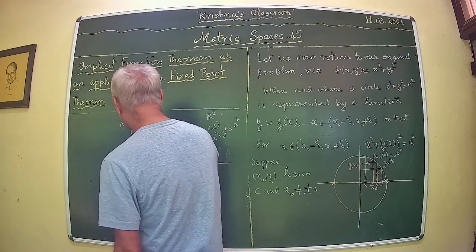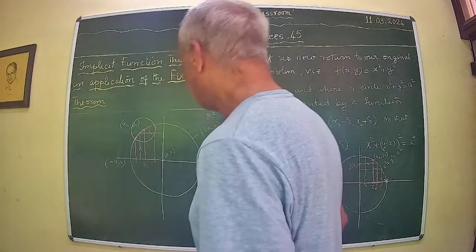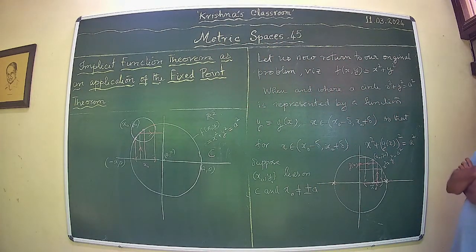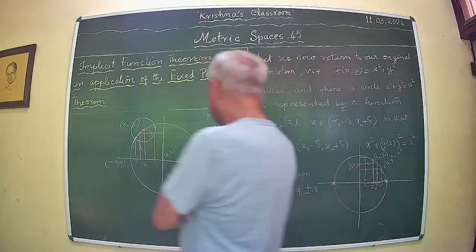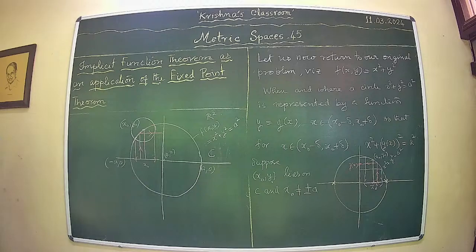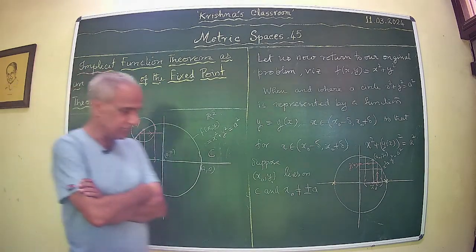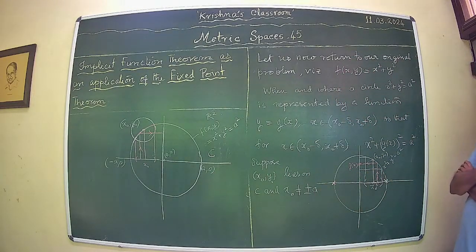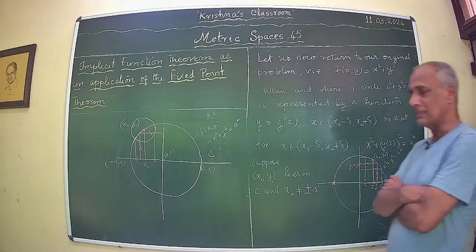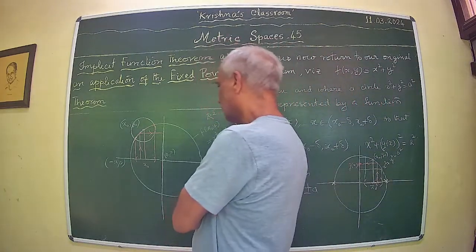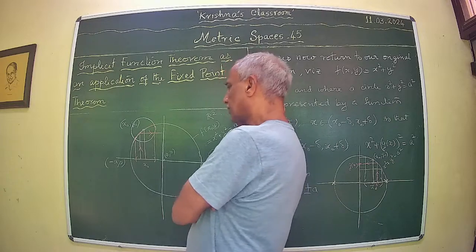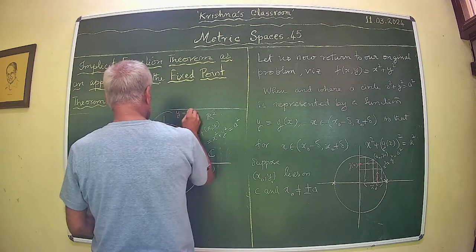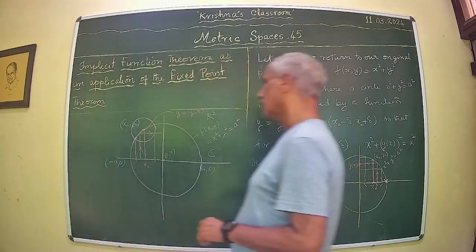Now what I want to assert is that if x naught is not equal to A, but anything such that x naught, y naught is on C, then there is a neighborhood of x naught, y naught in which the given curve represents a function of x implicitly. So this is y equal to g of x. Okay.